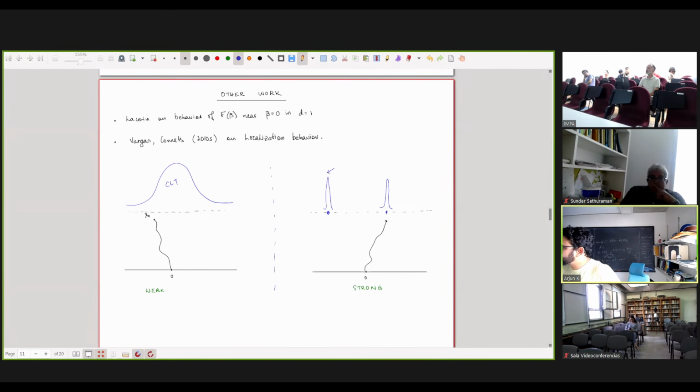These are localizations. We know this localization phenomenon happens, but we cannot characterize it. We cannot say how far apart these peaks are, or if there's only one peak or not. So not much is known in the strong disorder region.